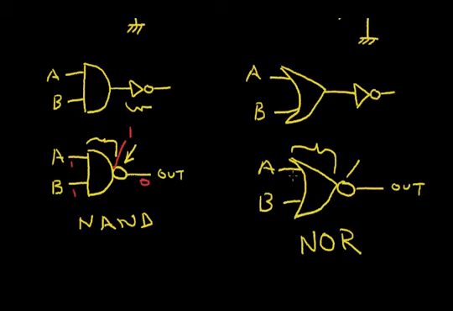Now in the NOR gate, if we have a 0 at this input and a 0 at this input, we have a 0 at the output of the OR part, or a 1 at the output of the NOR. And if either the A input or the B input goes to a 1, the output will go to a 0.